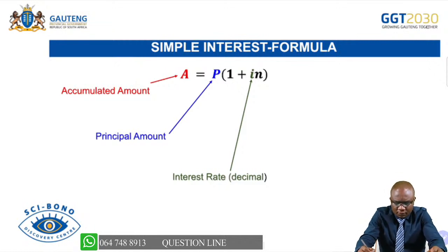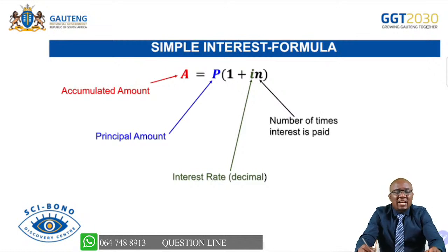Right, N. I know most of you are going to say N is the number of years, but I'm going to give you an answer which is a bit different. N is the number of times interest is added or paid.